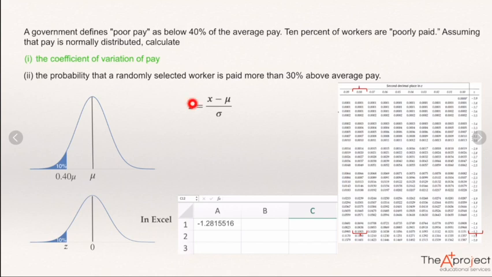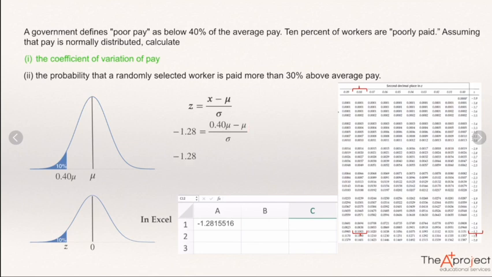We can make a substitution in this formula. So let's do this substitution here, and z equals negative 1.28. The value of x, we see that it is 0.40 mu, so this will be equal to 0.40 mu minus mu divided by sigma. So 0.40 mu minus mu will be negative 0.60 mu.